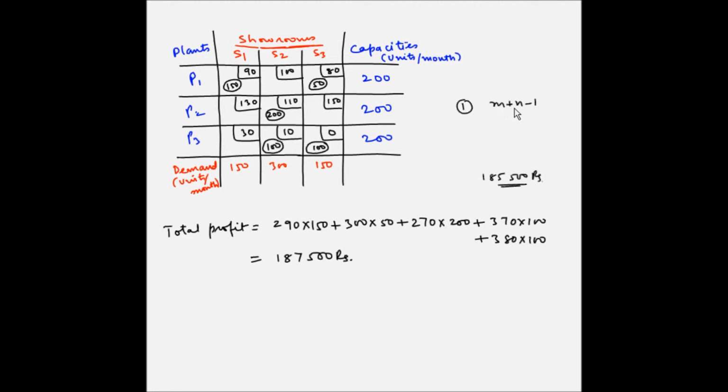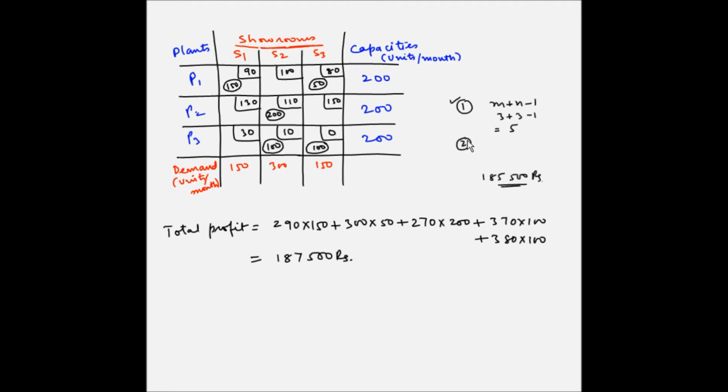M is the number of rows and n is the number of columns. So we have 3 rows and 3 columns. So this becomes 3 plus 3, 6 minus 1 is 5. Now let's calculate the number of allocations. So we have 1, 2, 3, 4 and 5. So this condition is met.